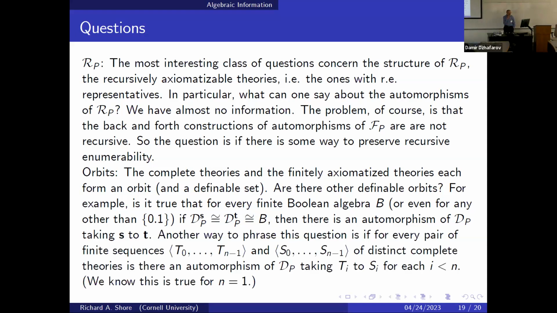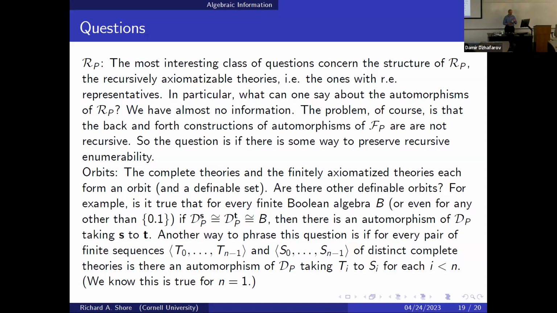But here's another way of looking at the question that makes it sound like a well-known algebraic property. I think maybe it is the question, the one for finite Boolean algebras. If you are given a finite sequence of distinct theories and another finite sequence of distinct theories, is there an automorphism that takes the first sequence to the second sequence? So we know it's true if the sequence is length 1, but doing it for finite sequences, I think, should be the same as doing it for the isomorphism for the finite Boolean algebra in the other question.